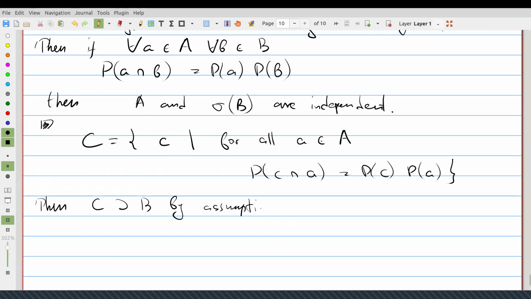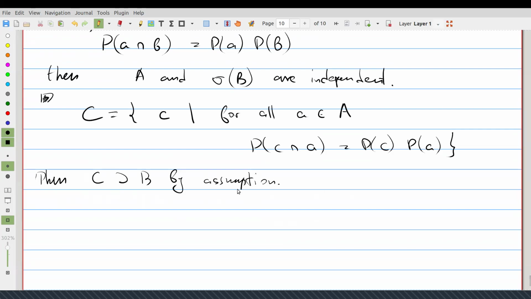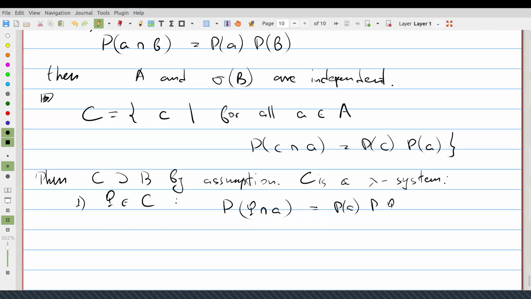We said that this is true for all sets from our original P system. And C is a lambda system. Why? Obviously, omega belongs to C, because P(omega intersect A) is just P(A), times P(omega), because P(omega) is 1.